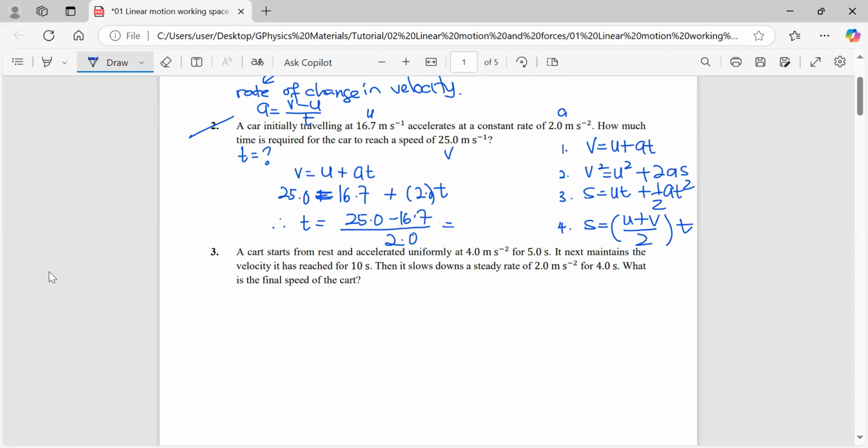So you get your answer. You should get about 4.2, I suppose, you can work it out. From what I have, it is 4.2 seconds. You round it to 2 significant figures because the raw data given is also in 2 significant figures.